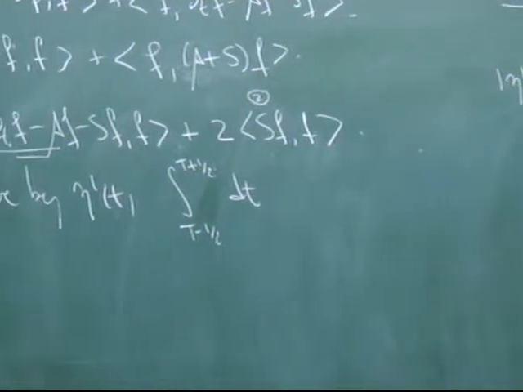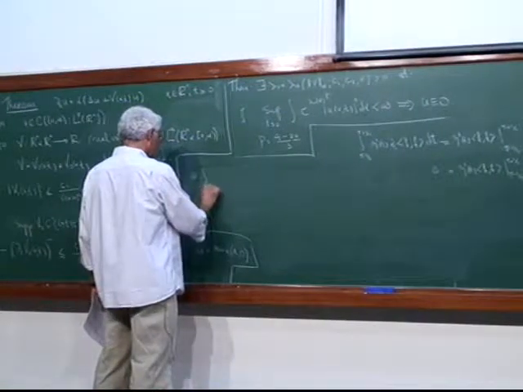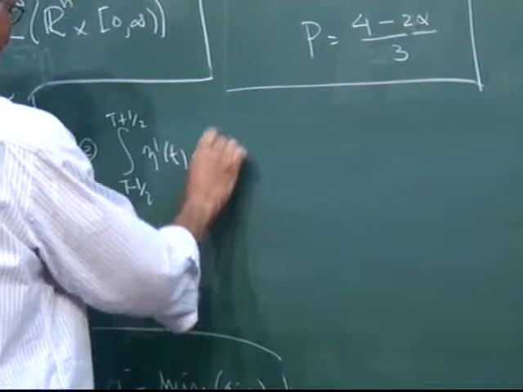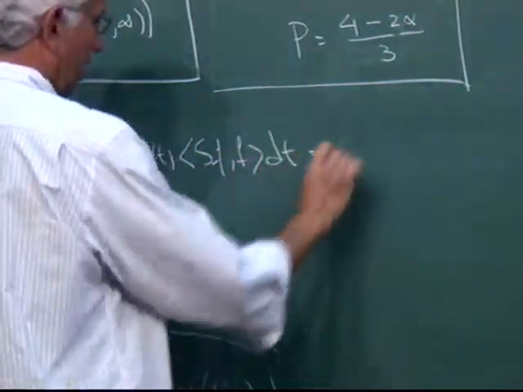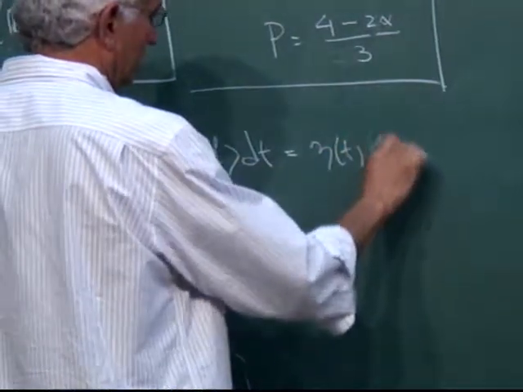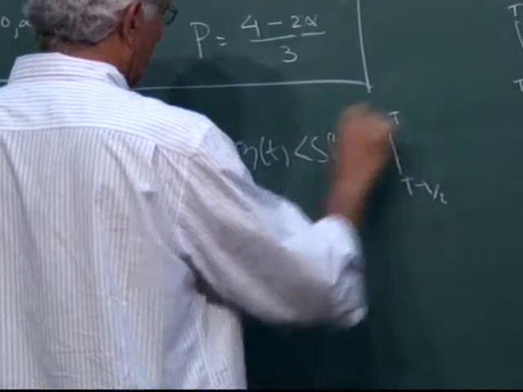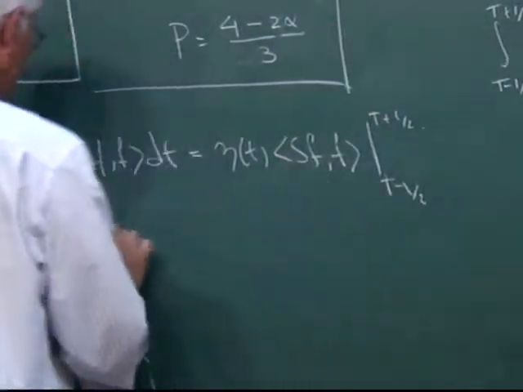Okay, 2. 2 is the integral, and okay, this is exactly the same business. This is going to be 0 because u vanishes. Eta vanishes in the extremal. And now you pass the derivatives to the other side.